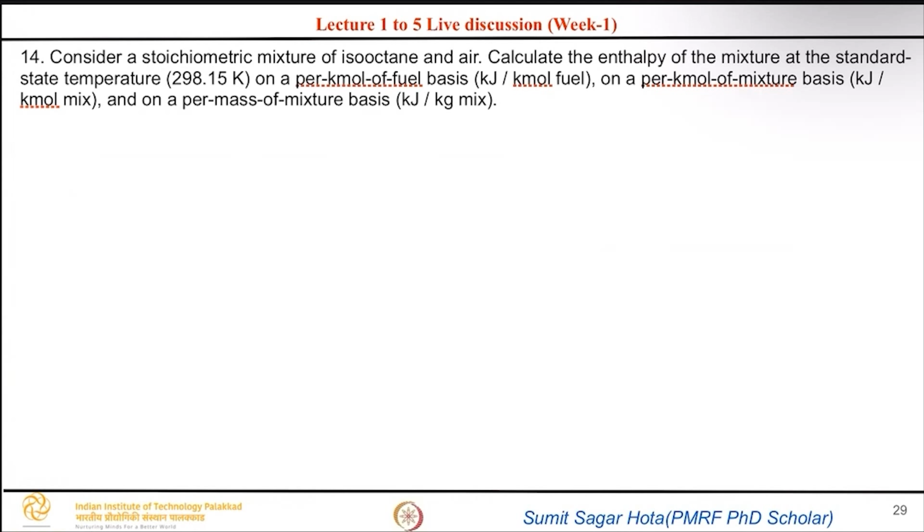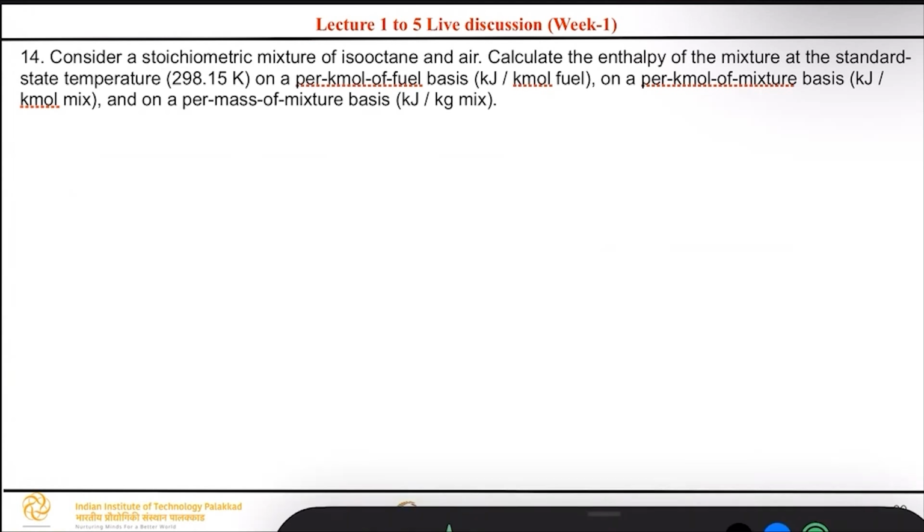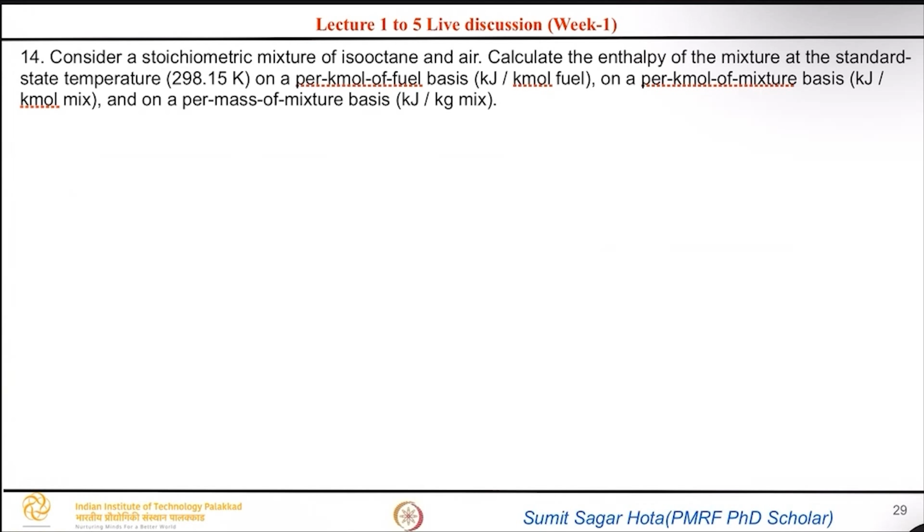Now, what are the things given? A stoichiometric mixture of iso-octane and air.